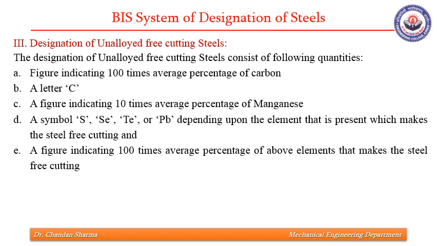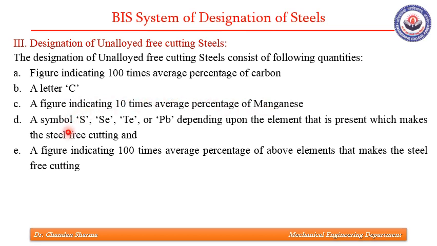Next comes unalloyed free cutting steel. The designation of unalloyed free cutting steel is similar to that of plain carbon steel with a few modifications. Up to this point, these are the same. It will start with a figure which will denote 100 times the average percentage of carbon, then a letter C, then a figure indicating 10 times the average percentage of manganese.